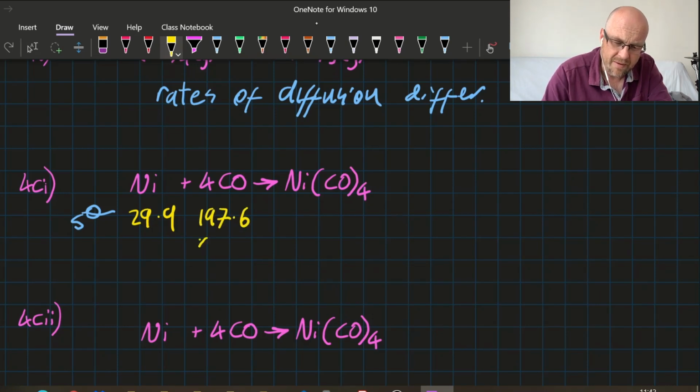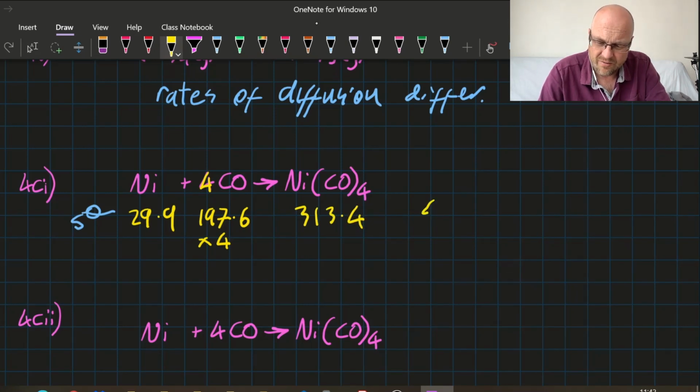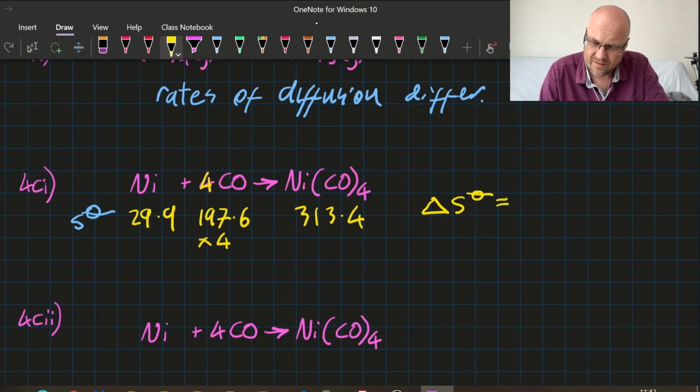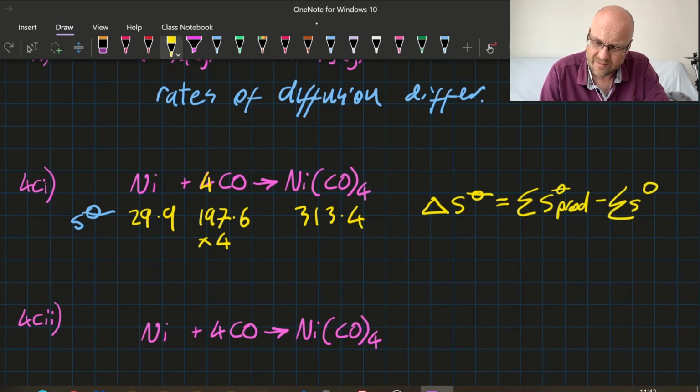I'm going to multiply that by 4 because of that coefficient. And nickel tetracarbonyl is 313.4. So if I want to know the change in that, I'm just going to have to do products minus reactants. So it's the sum of the entropy values of the products minus the sum of the entropy values of the reactants.